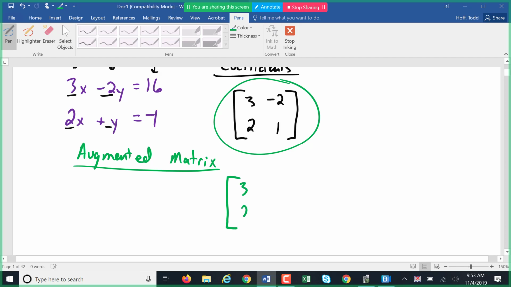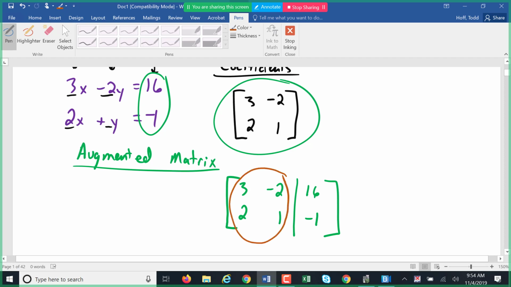So for this system of equations, we have our coefficients. This line here represents a separation between the actual matrix and then the augmentation. So the augmentation would be the constants here. So the 3, -2, the 16 goes with them, because that is the constant on that equation. And with the 2 and the 1, the -1 goes with those. So this is a matrix that has been augmented for the constant values of the system.